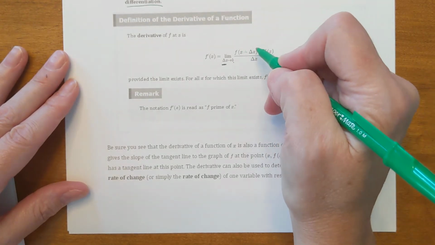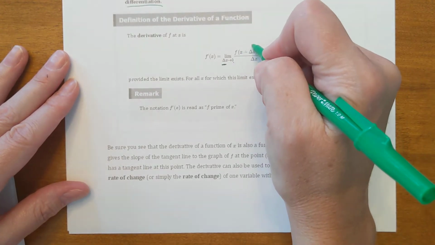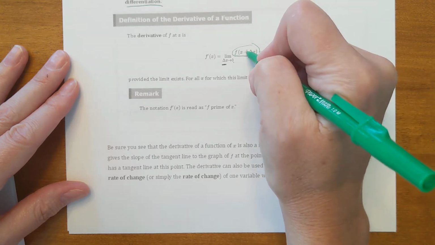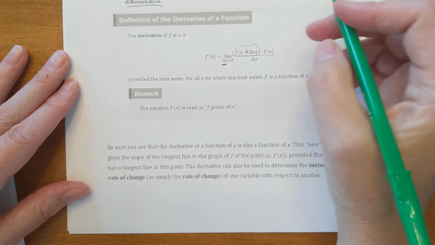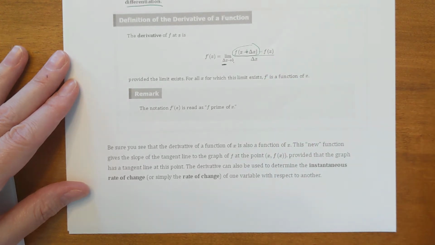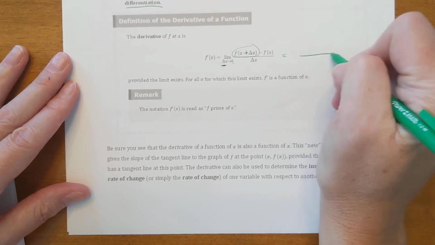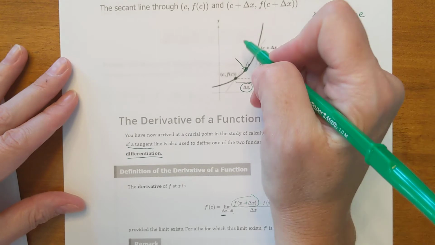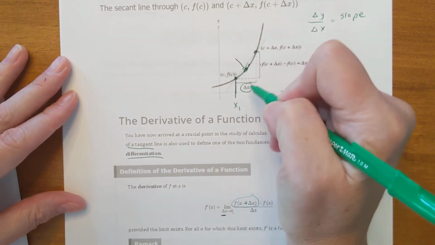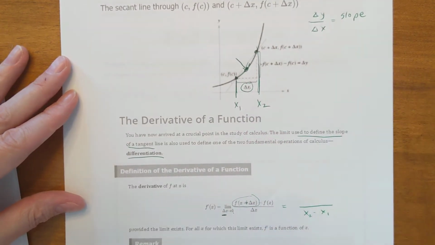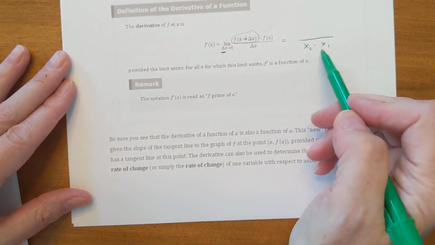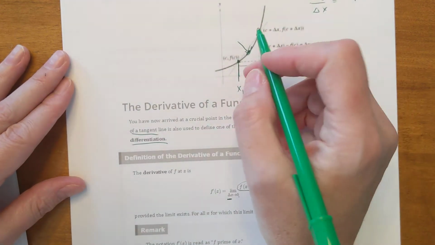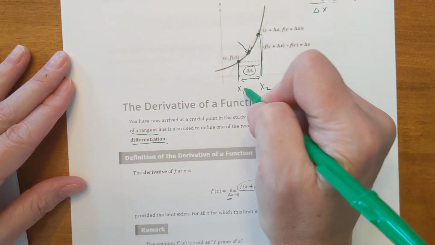So this definition is the change in y. See, it's got f of x plus the change in x, minus f of x, over the change in x. That triangle means change. It's a fancy way in math to say change. So we're doing the change in x on the bottom. Between these 2 points, we could call this point x1 and this point over here x2. So we're doing the change in x, x2 minus x1, on the bottom, over the change in y on top, which is f of x2 minus f of x1.